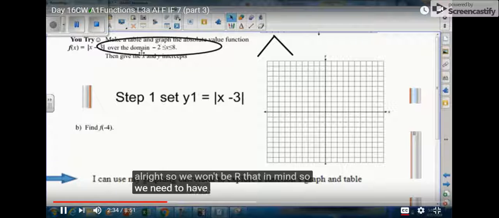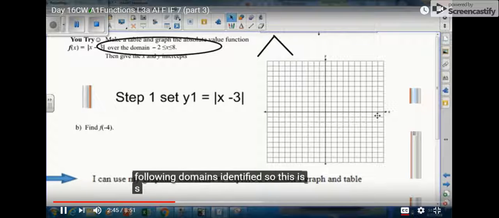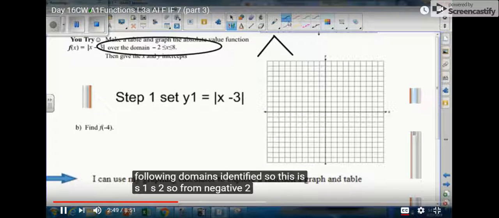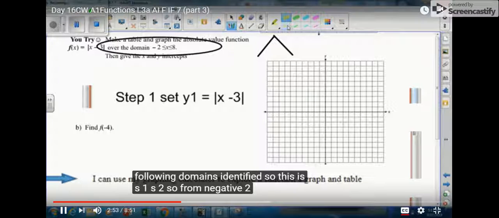We need to have the following domains identified: from -2, 1, 2, 3, 4, 5, 6, 7, 8.